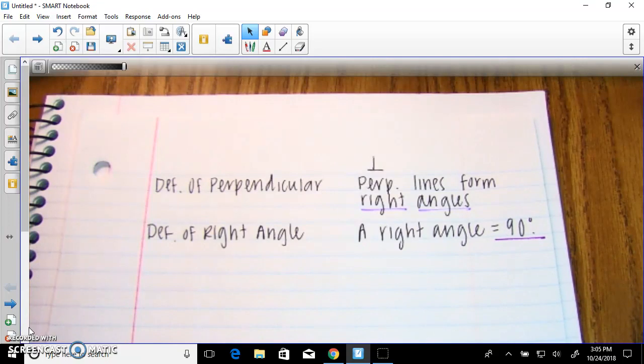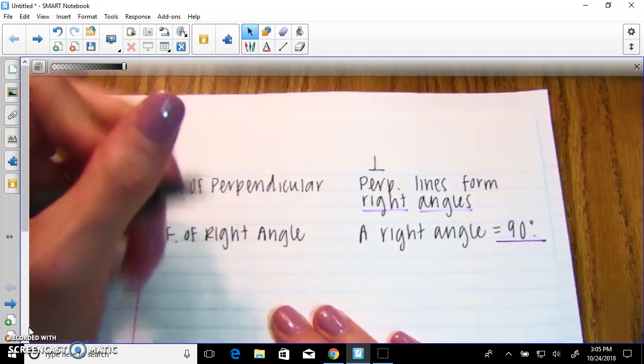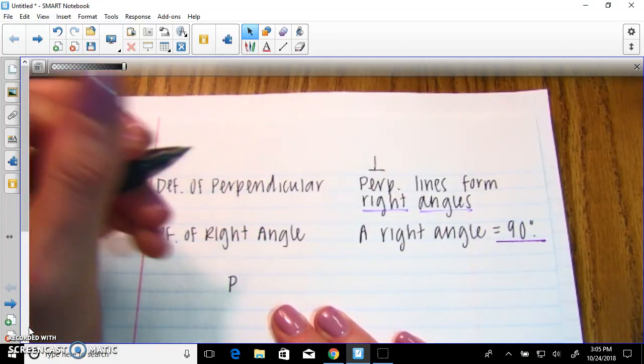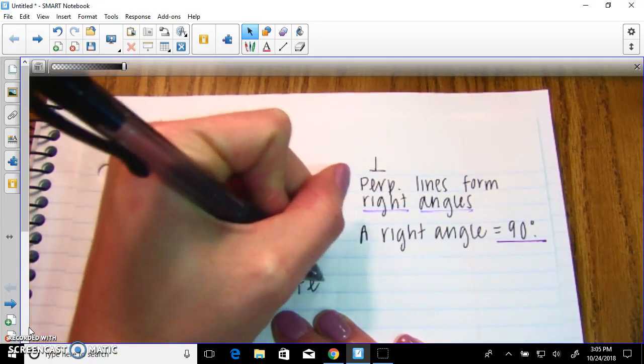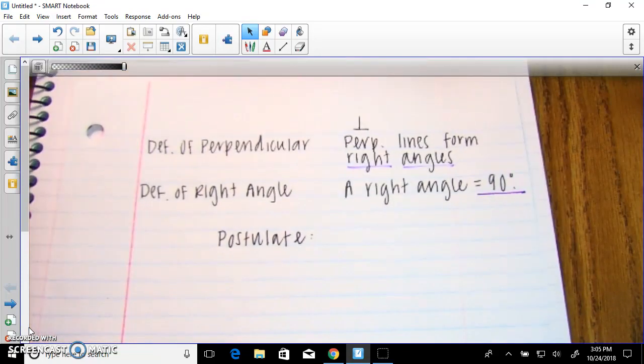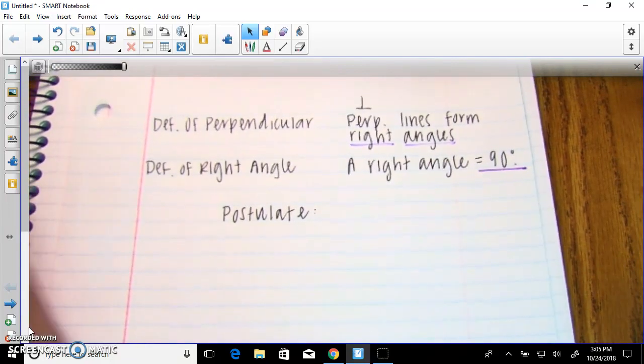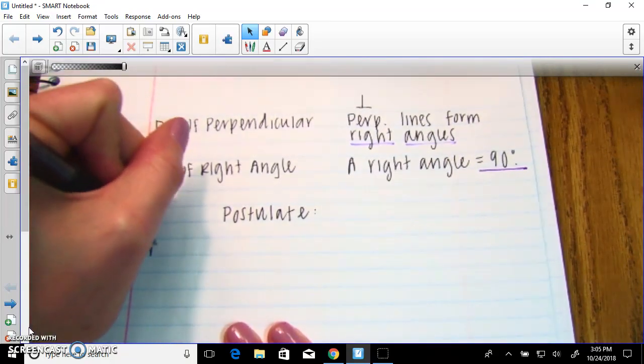Okay. So we've had some definitions. Now we're going to have one postulate. And we should recognize the word postulate and think about the segment addition postulate. We have the angle addition postulate.